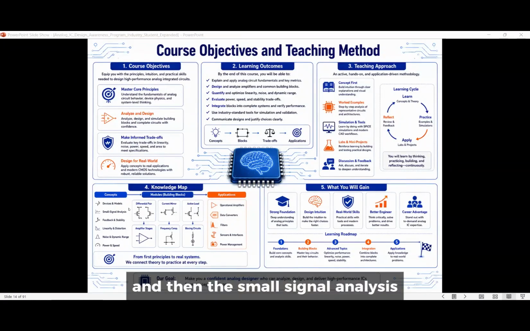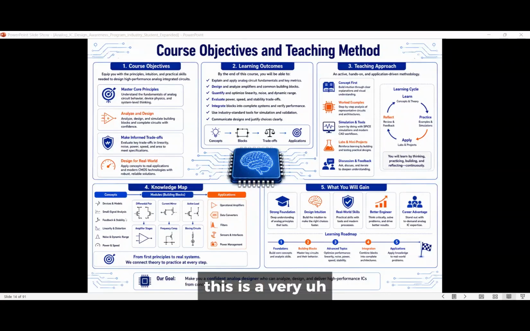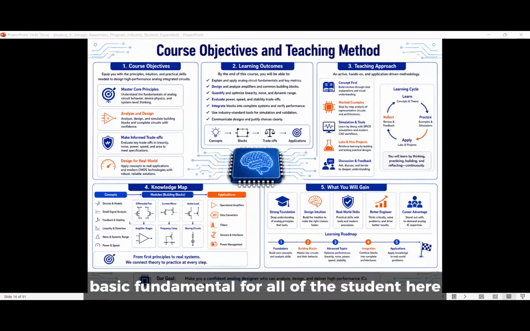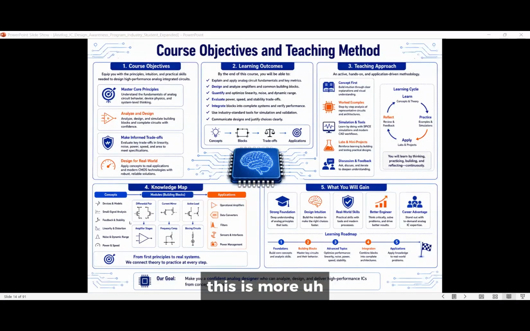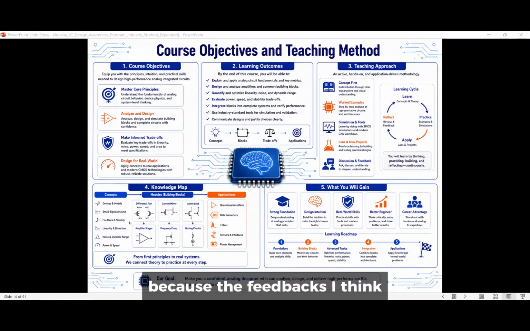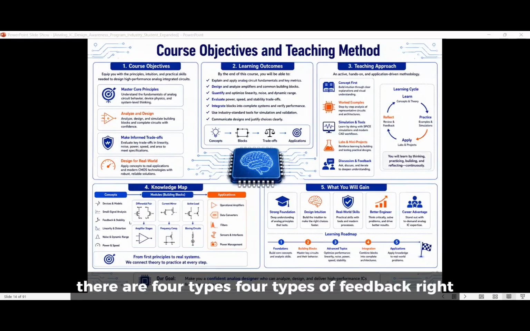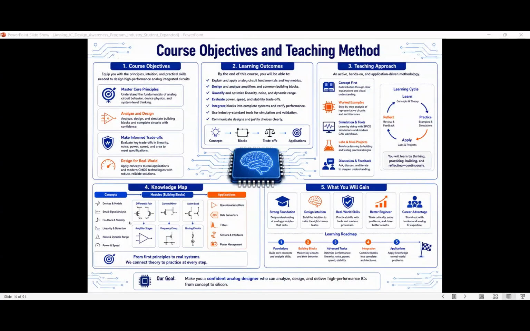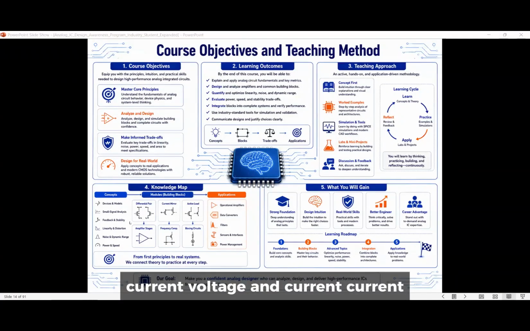And then the small signal analysis. This is a very basic fundamental for all of the students here, I think. And the feedback and stability, this is more difficult than the single stage amplifier. Most of you already know there are four types of feedback, for example, voltage and current.